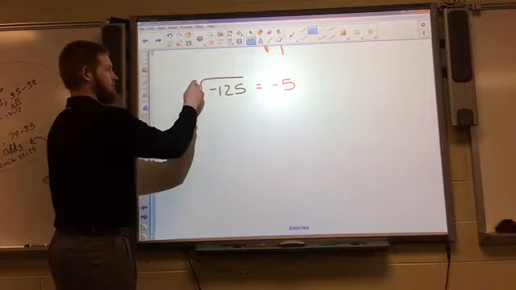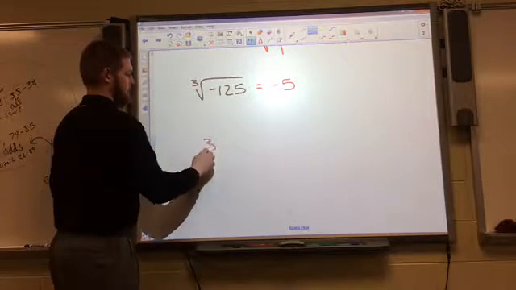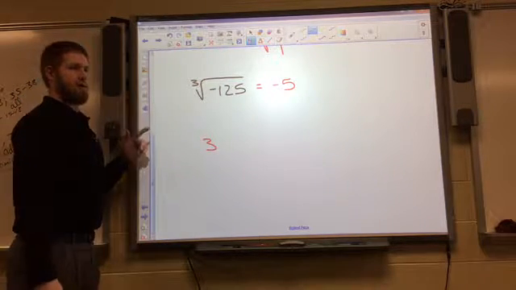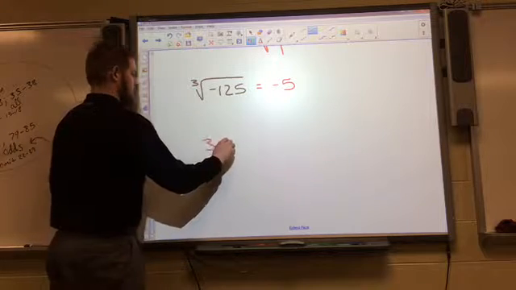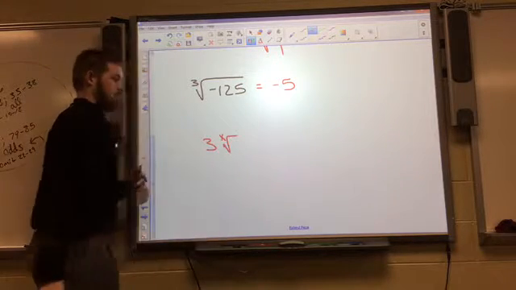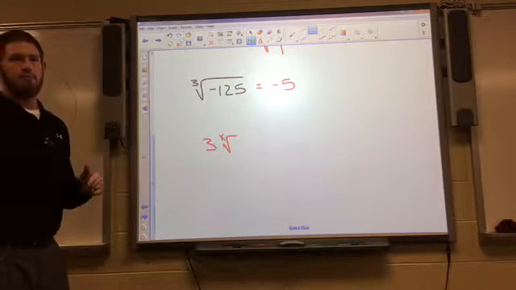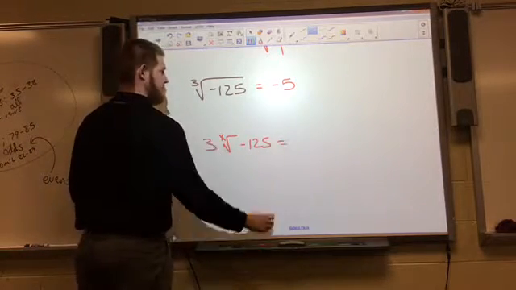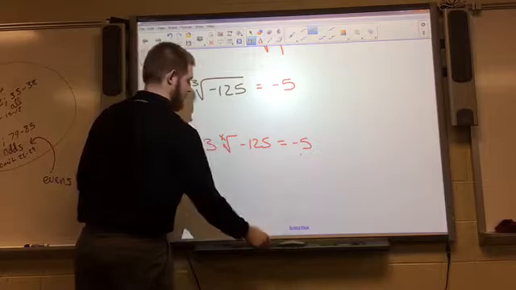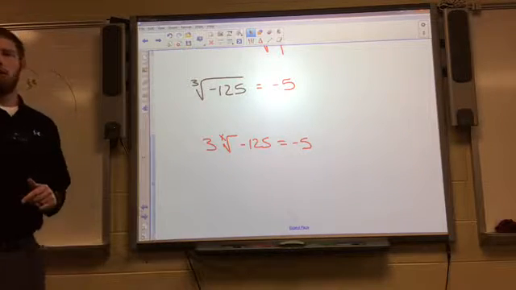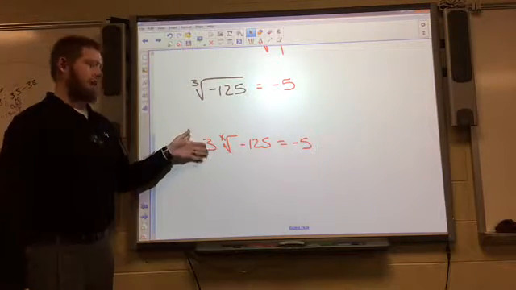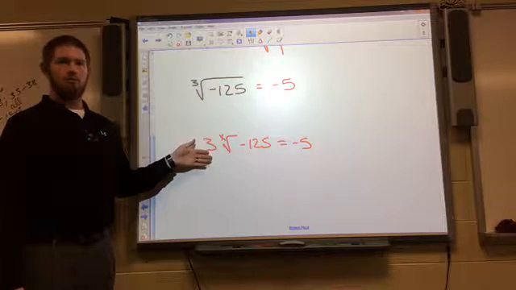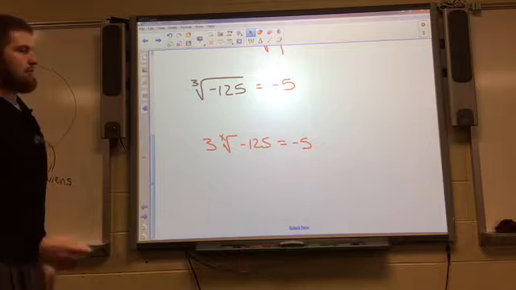But if you want the cubed root of something, you type in a 3, and then it's like second caret maybe, you need to get to this button. And then negative 125. And you get negative 5. So could you do the ninth root of something? Yeah, you could do any root of a number now.